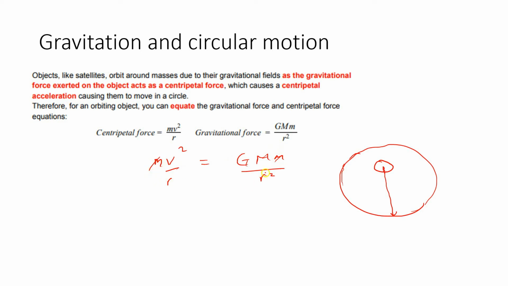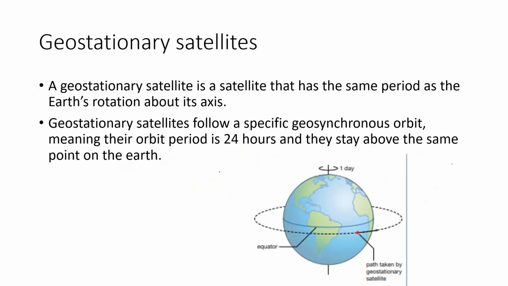And in most of these scenarios, we could use this equation to find out the speed at which the satellite must be traveling so that the centripetal force is equal to the gravitational force. We'll now look at a few problems pertaining to that.